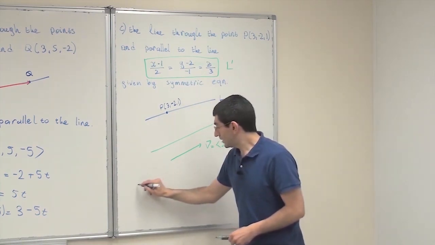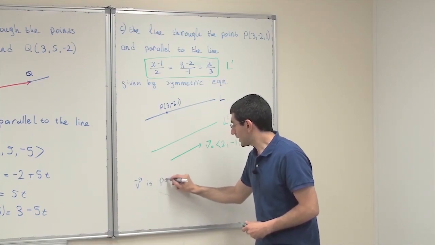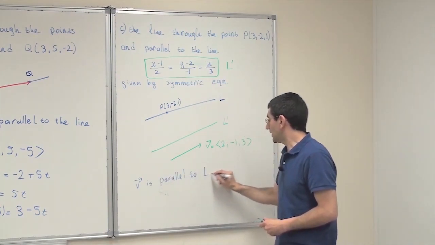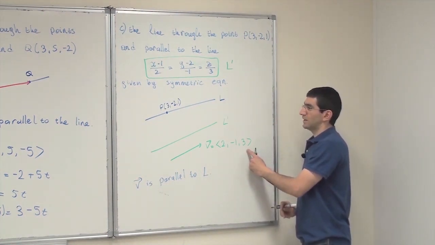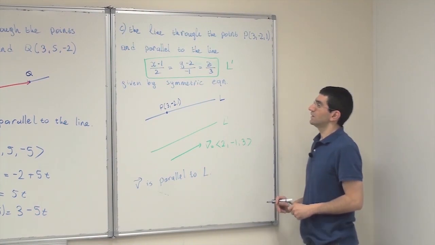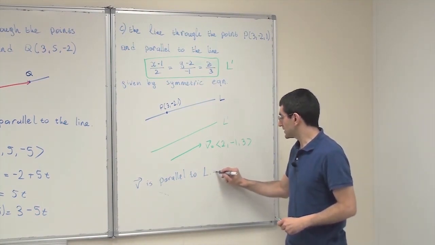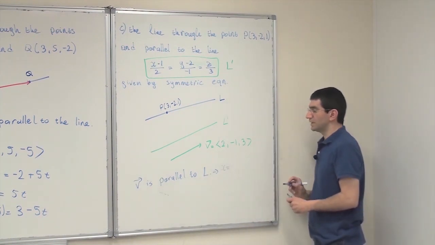So, vector V is parallel to L. We have a vector parallel to L. We have a point on the line L. So, we can find its symmetric equations. I'll do it in this corner.